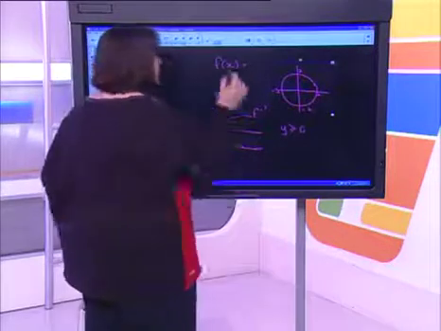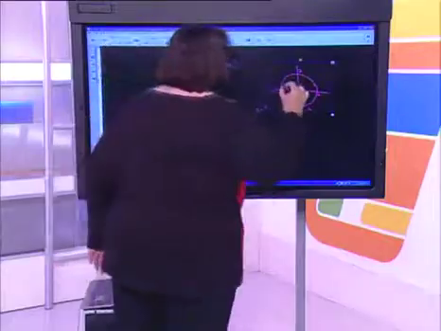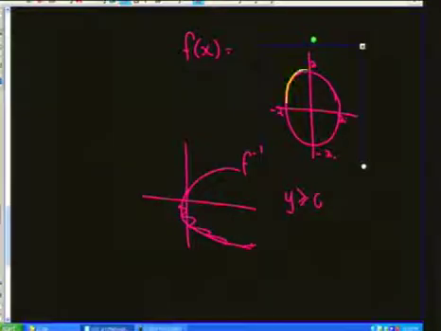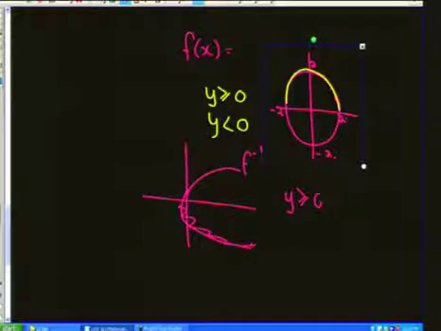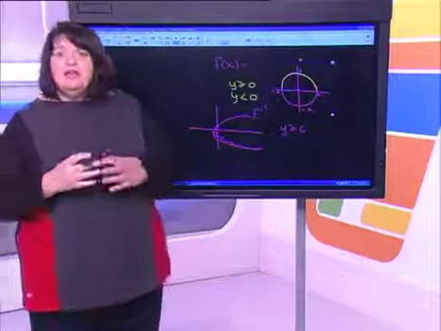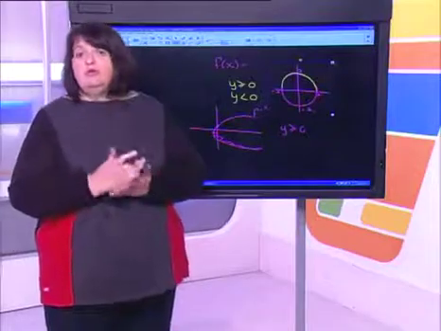Again, to make it a function, you'd have to make sure that it only has one intercept with a vertical line. So if I took that yellow top, I could be sure it was a function, or if I take that pink bottom, it could be a function. The only way I could do it there was to say y greater than or equal to 0, or y less than 0, or y less than or equal to 0. So anything like that, you just make sure that the vertical line, when you go through it, goes like that.